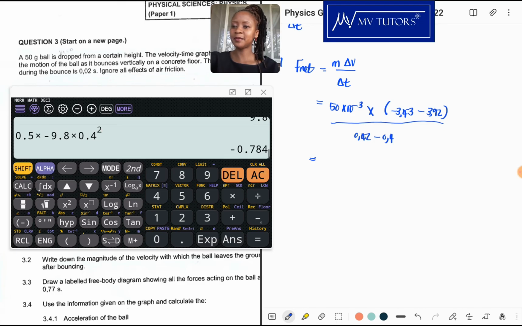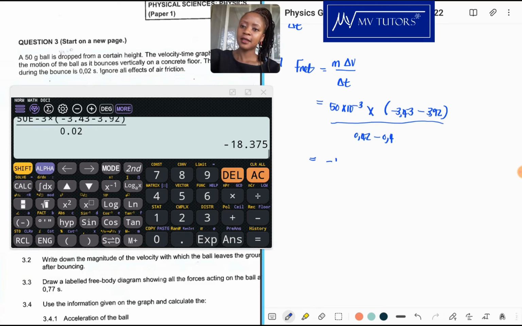Calculator. Okay, so 50 times 10 to the negative 3 times negative 3.43 minus 3.92, over 0.02. So we get negative 18.375.